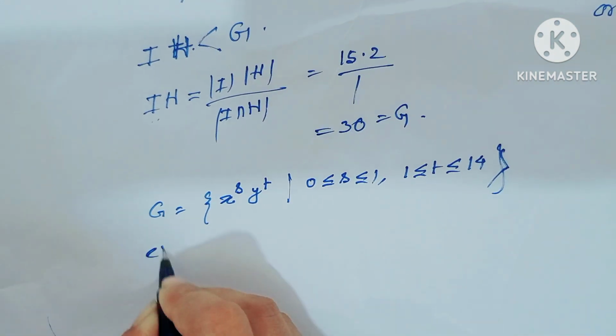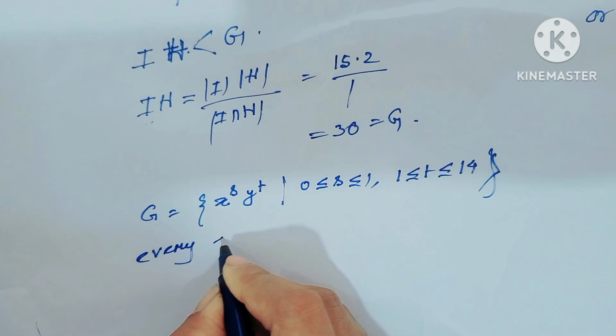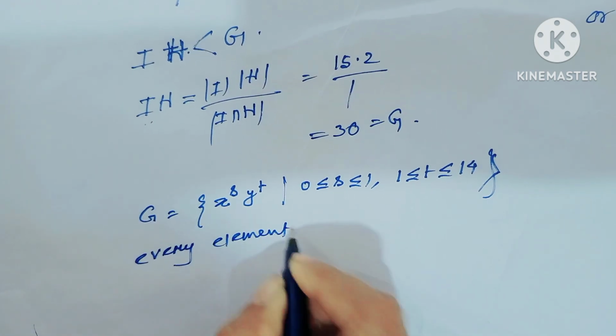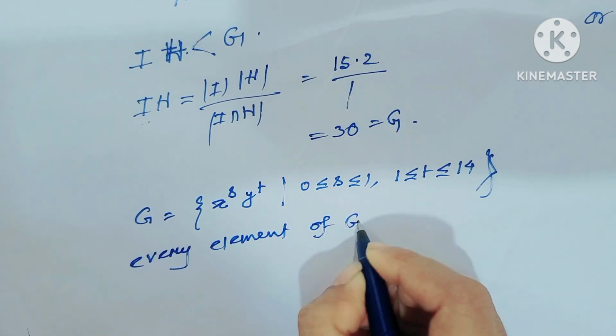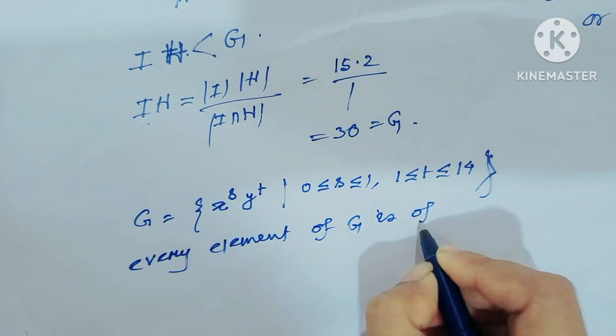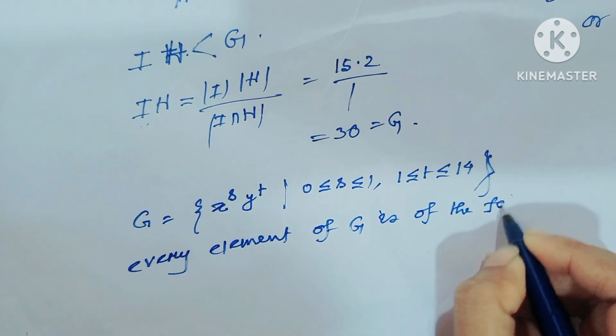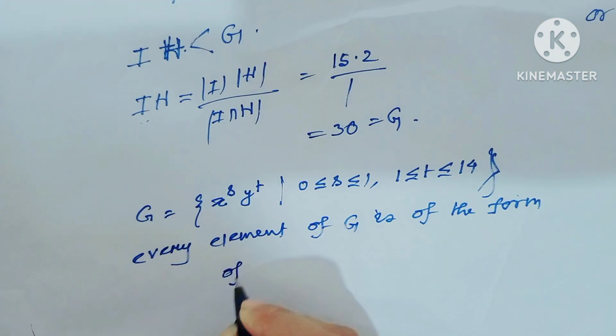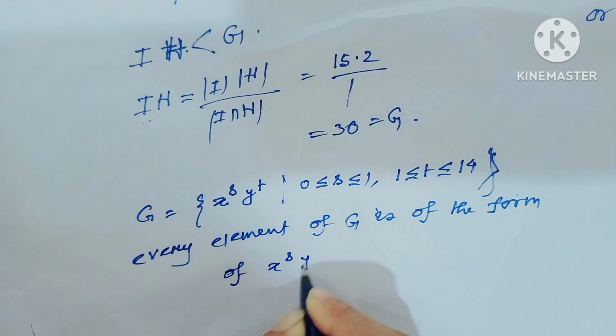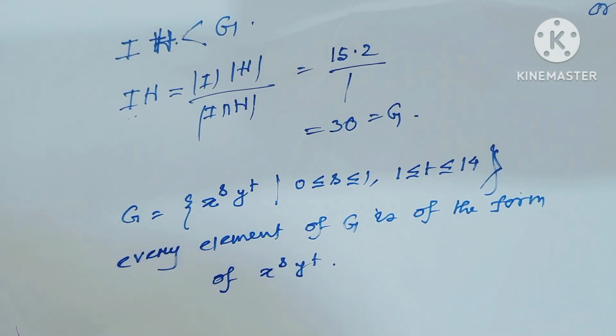And every element of G is of the form x to the power s, y to the power t. Okay?